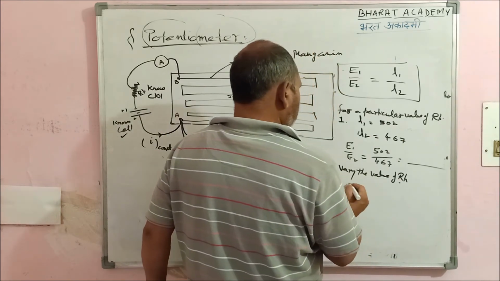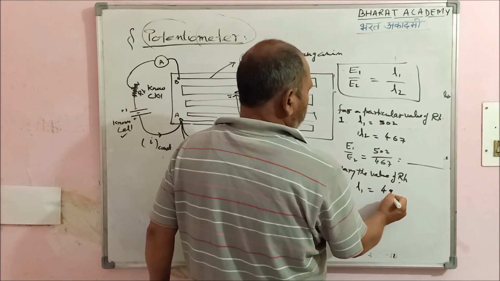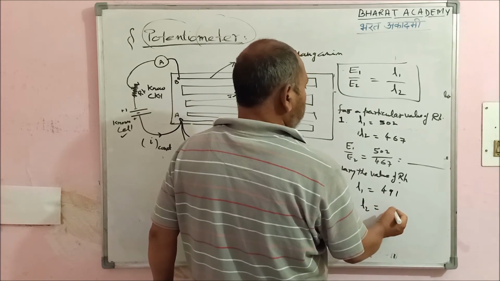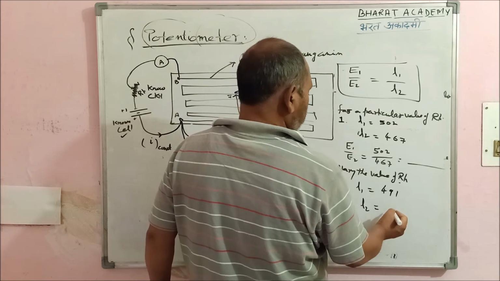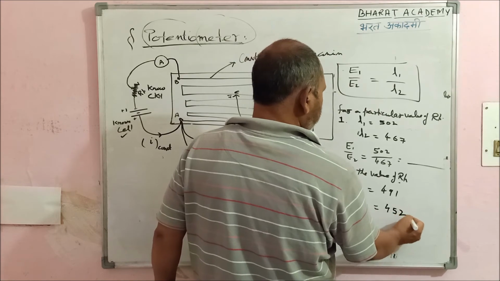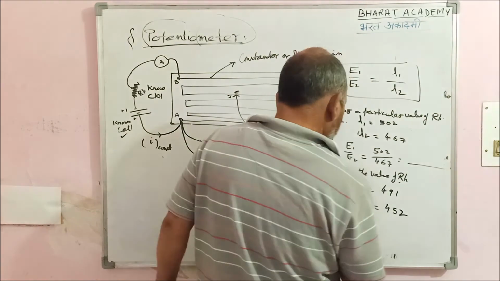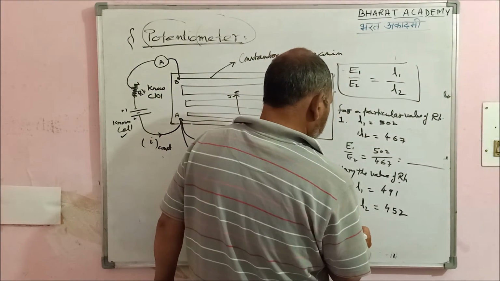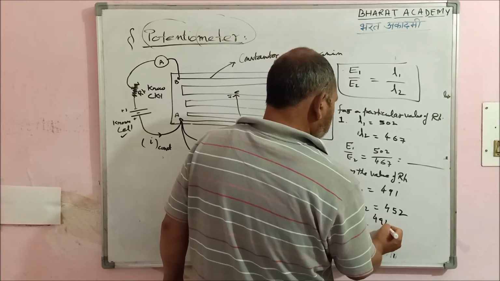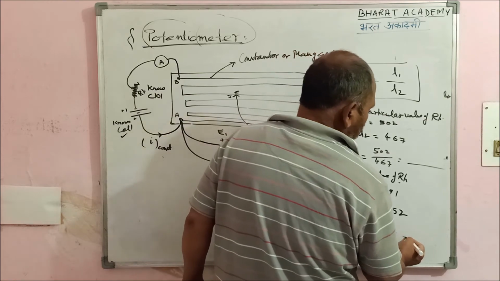Suppose L1 comes out to be 491 and L2 comes out to be 452. Then again we will calculate E1 by E2. The ratio will come out almost the same. Here we do not use the mean method.